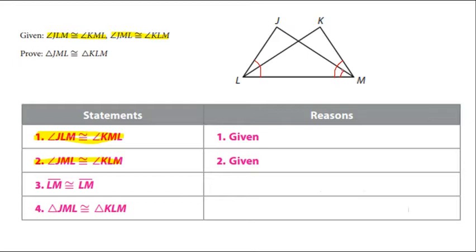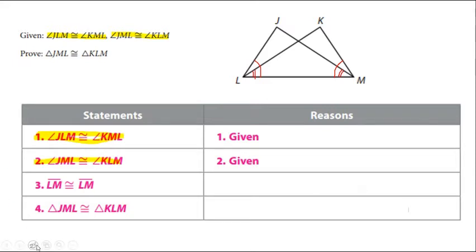So I'm going to put this as two angle marks there. It's congruent to KLM. So KLM is this little angle right there. So I'm going to put two angle marks on this one. And so again, that's given.